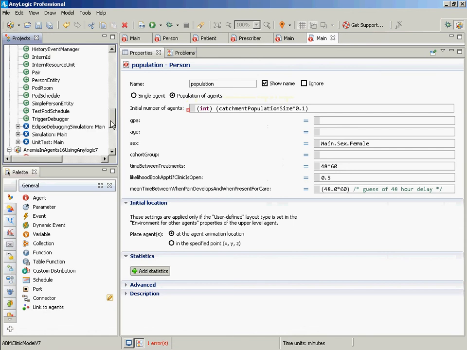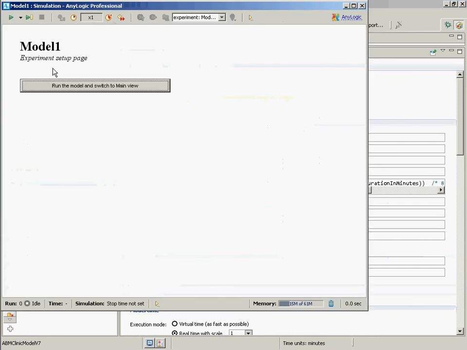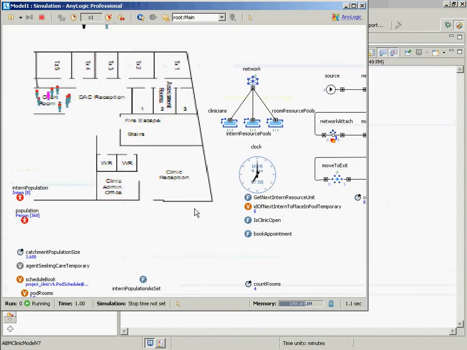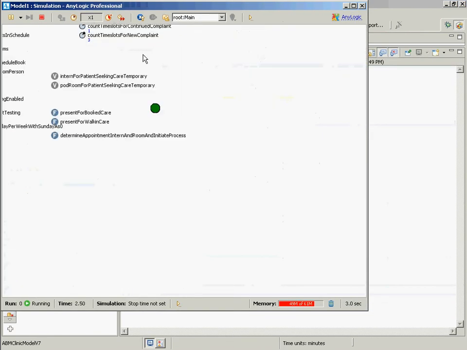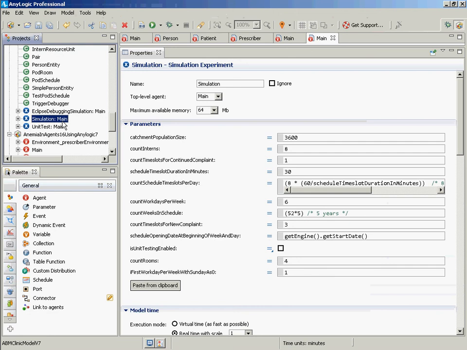In any case, the basic idea can be shown. We have people coming in from the population. Yep, there's 350 people in the population. I don't know why they're not shown.